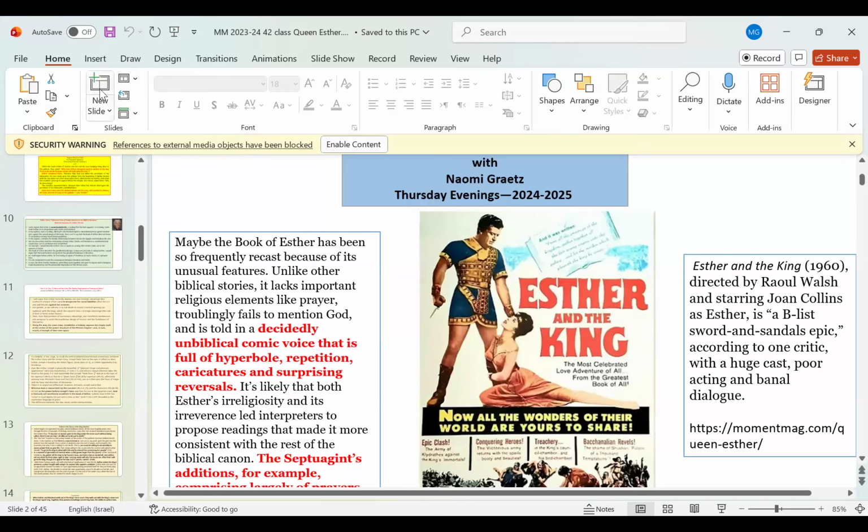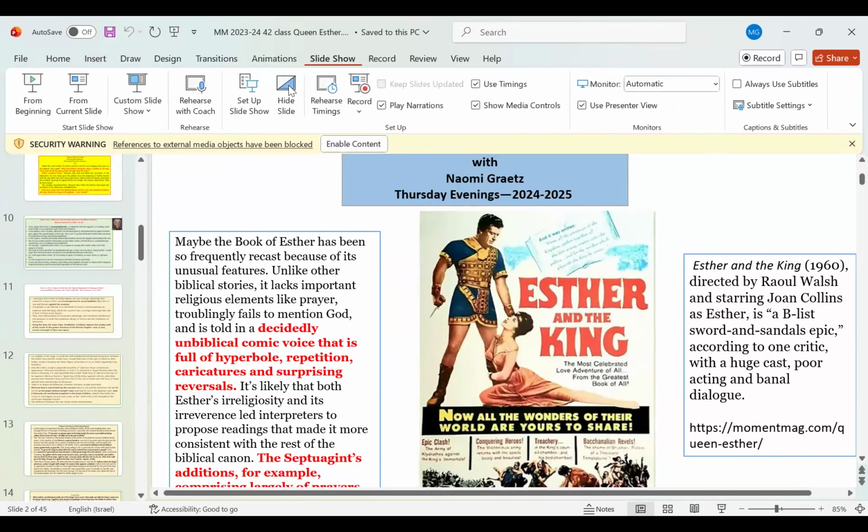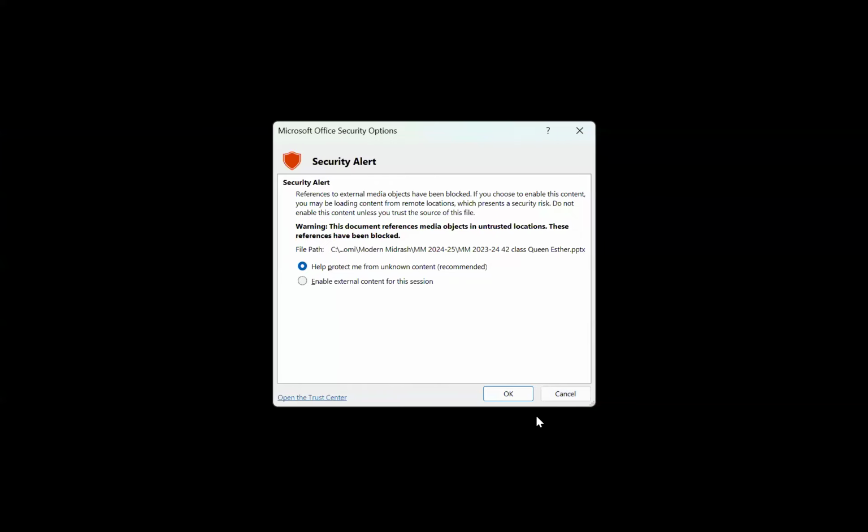Go to the right, and there in the middle it says slideshow. Click on that. From beginning, from current slide. Okay.